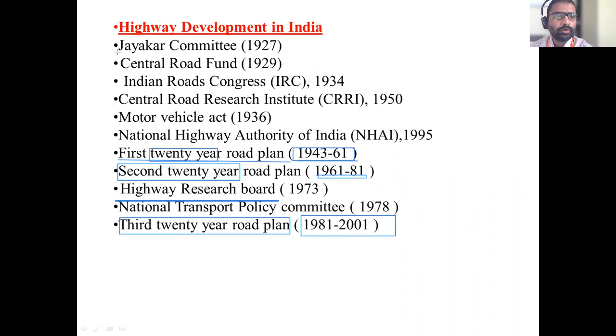Okay, coming to the point. First one is Jaker Committee, 1927. Second one is CRF, Central Road Fund, 1929. Next, IRC, 1934.